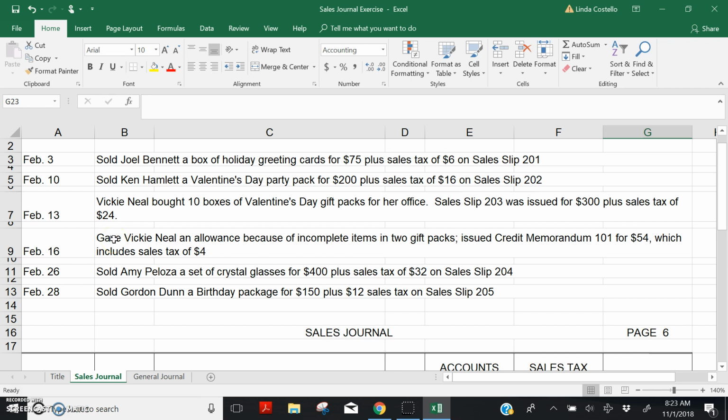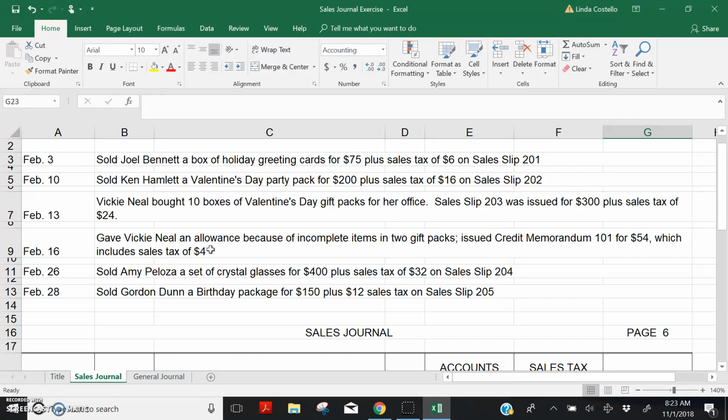Let's look carefully at the next transaction. On February 16th, we gave Vicki Neal an allowance because of incomplete items in 2 gift packs that we sold her on February 13th. We issued a credit memorandum number 101 for $54, which includes sales tax of $4.